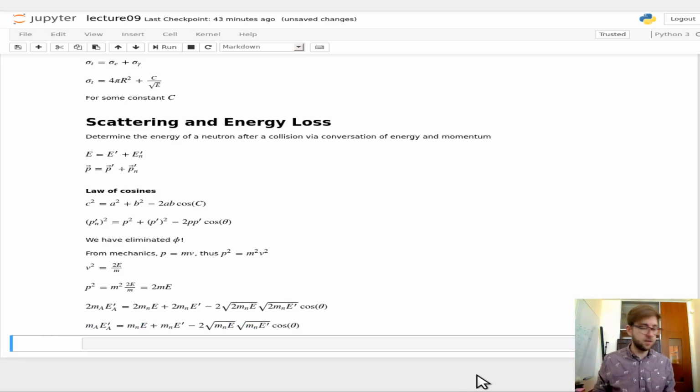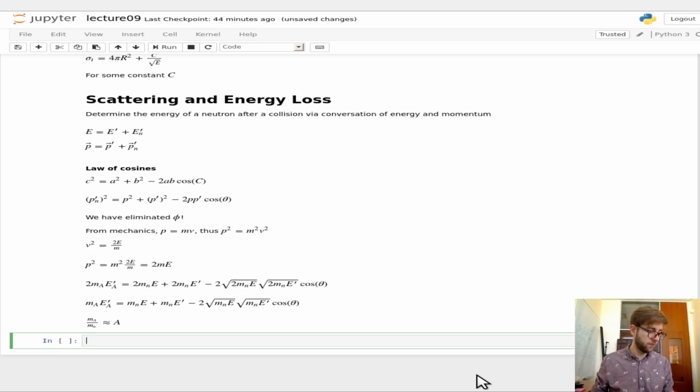And we can make the approximation, right? We know that an atomic mass unit isn't exactly equal to the mass of 1 unit, but it's close to true for these calculations. It's about 1 part per thousand off. So we can say that the mass of A divided by the mass of N is approximately equal to the A number of the system. Okay?